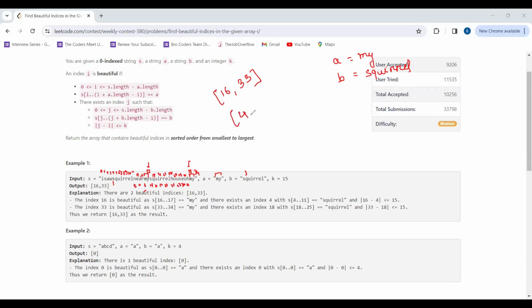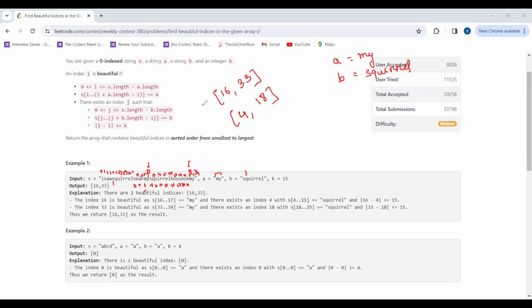And then here again, I guess it is the 18th index. So here we have two occurrences of string A and two occurrences of string B also.